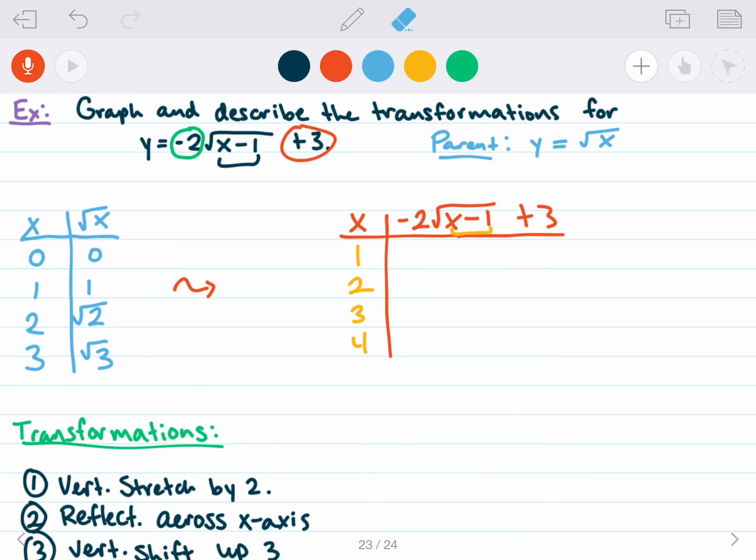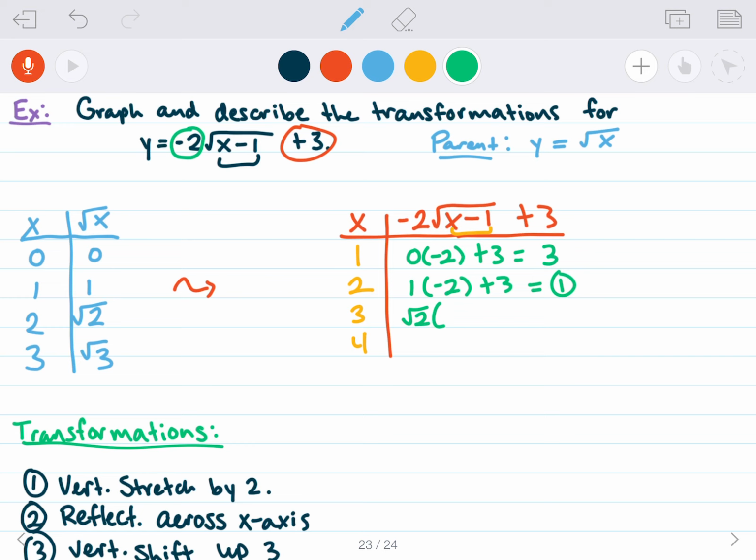All right, now I need to work with my new y values. And so what I do is I apply first the stretch. So I multiply each y value by -2, and then I add 3 to them. So first I have 0 times -2 plus 3 is going to give me 3. Then 1 times -2 plus 3 is going to give me 1.